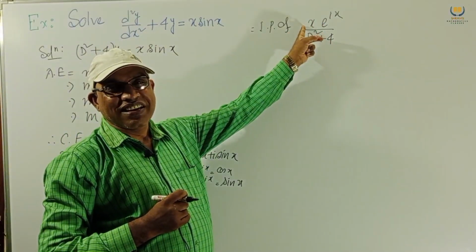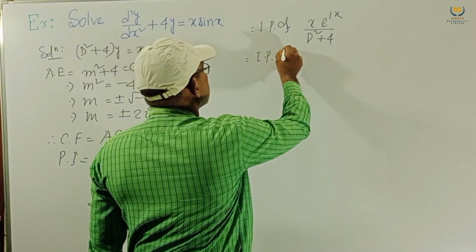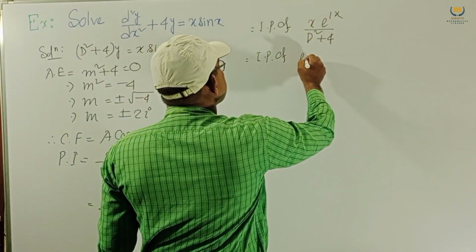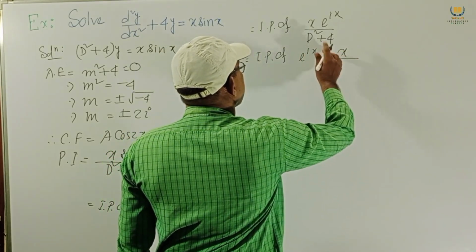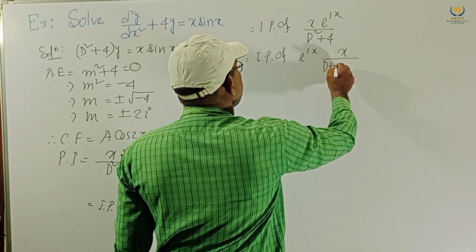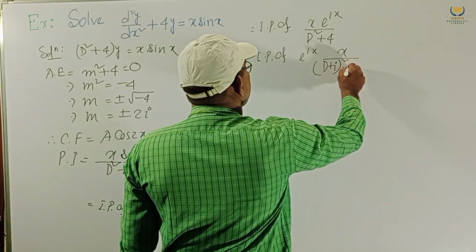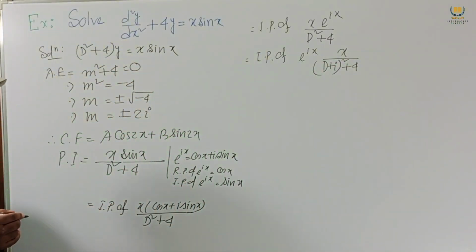Exponential and algebraic. So the imaginary part of e to the power ix, taking it outside, then D becomes D plus i.